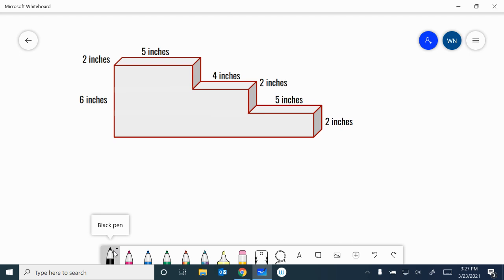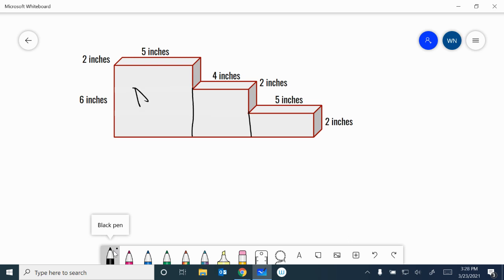All right, so this one's a little bit trickier because we have to divide it into 3 separate shapes. Now, the thing is, we could divide it horizontally or vertically. I'm going to choose to divide it vertically. I hope that's the way you choose to.